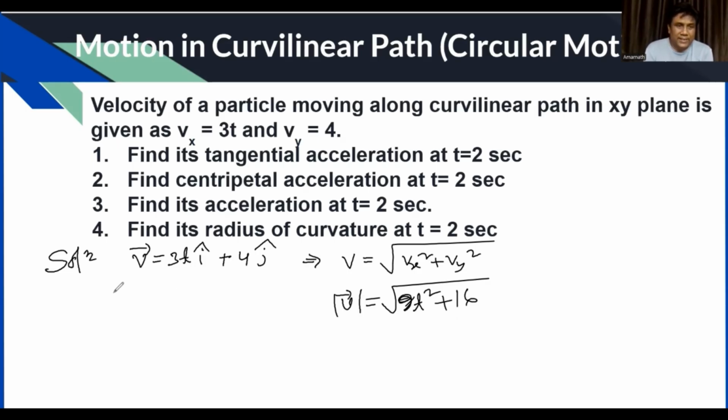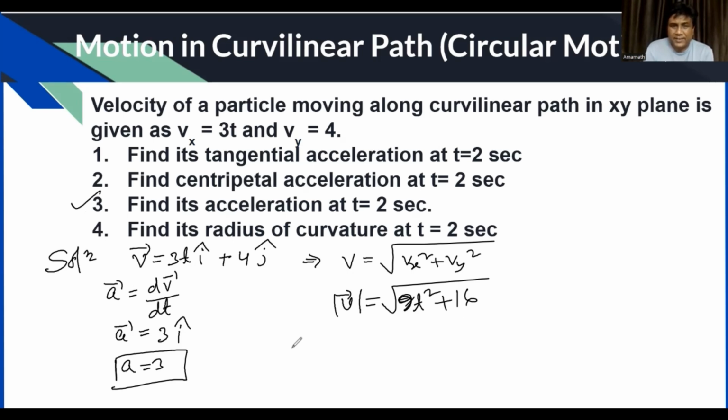So here acceleration is equal to dv by dt, which is equal to what? Differentiation of 3t is 3 and differentiation of 4 is 0. So acceleration is 3 only. Net acceleration is 3. That is found. And the speed is this, but I need to calculate at. At is nothing but differentiation of the magnitude of velocity.